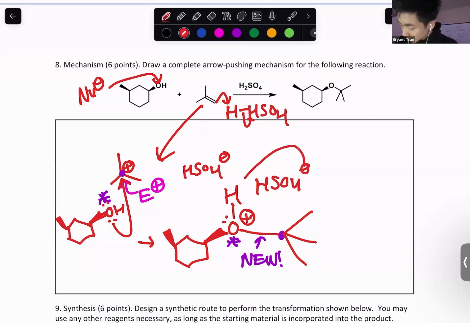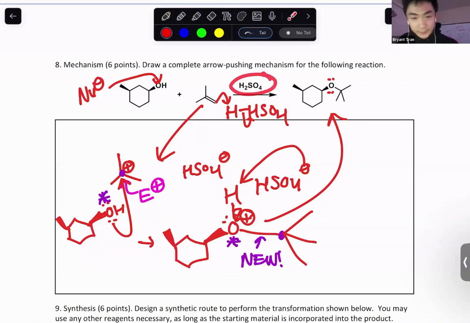And when this HSO4 minus grabs that H, the bond between that H and oxygen, those two electrons are going to go onto this oxygen, giving that oxygen its second pair of electrons and making it neutral again. And we also formed our acid catalyst back. We get our H2SO4 acid catalyst back from this last step. Right. So that is the mechanism.